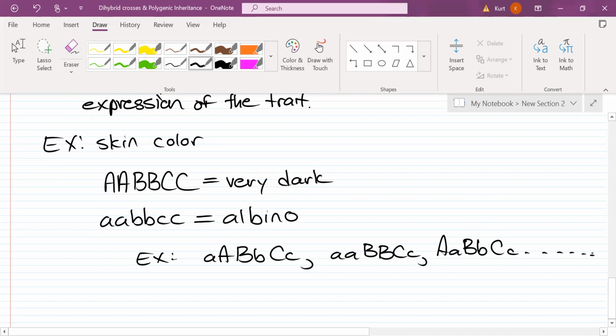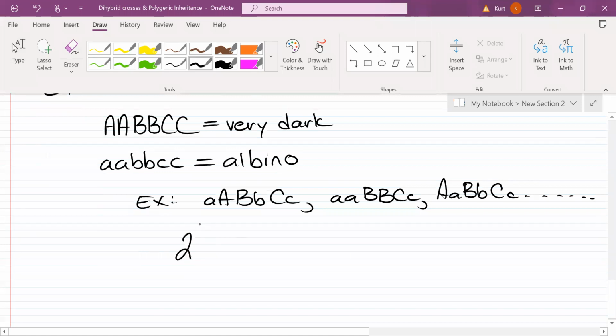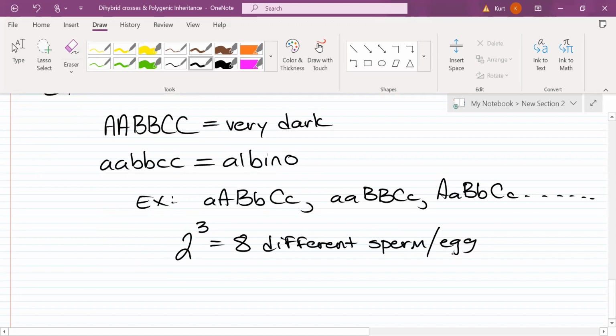How many different gametes can you form from those sets of alleles? 8. That's right. 2 to the third is 8. You can have 8 different types of alleles. 8 different sperm and 8 different egg. And what's 8 times 8? 64. There's 64 different combinations for this.